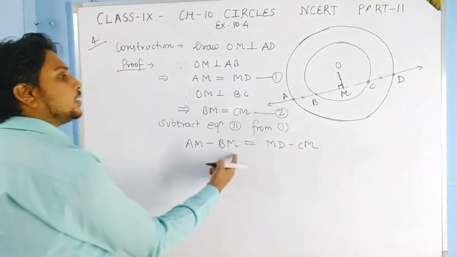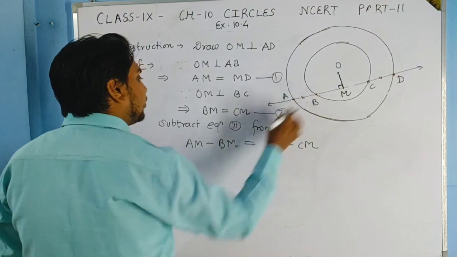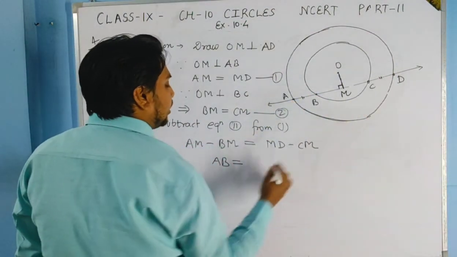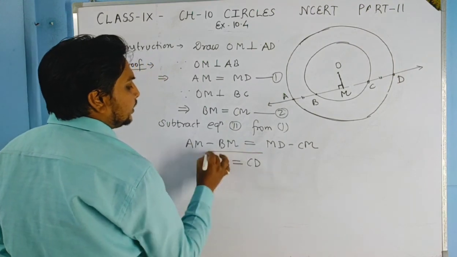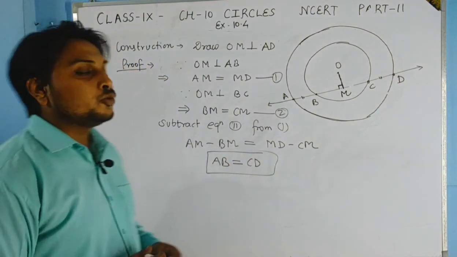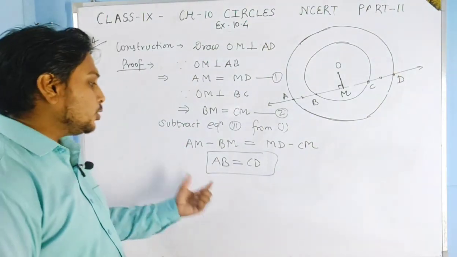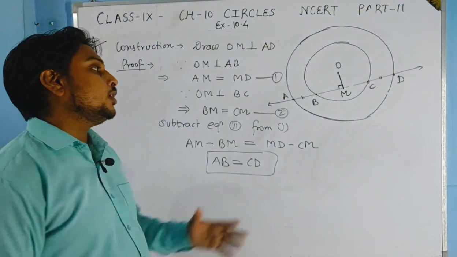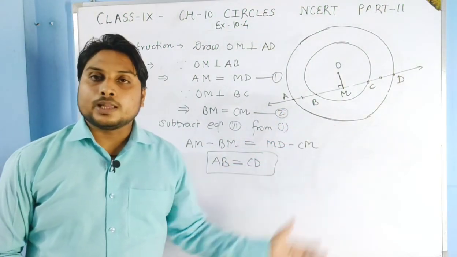So AM minus BM, what quantity is left? What is left is AB, and here what is left is CD. This we have to show in the result. This was the question, that we have to show that AB is equal to CD. It was a very simple question, and you can solve it like this.